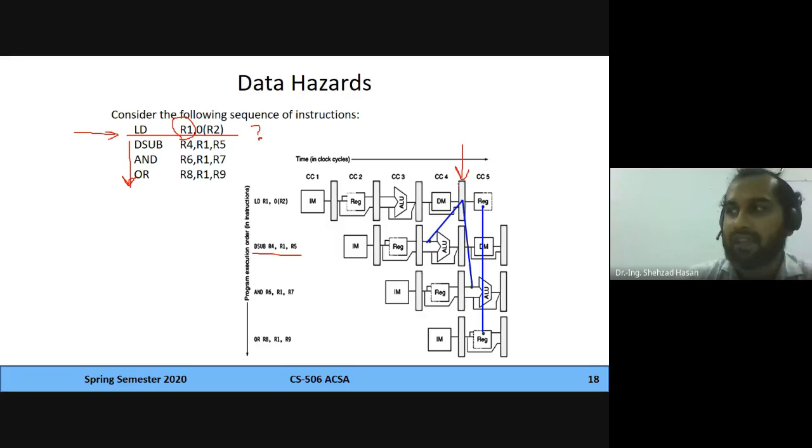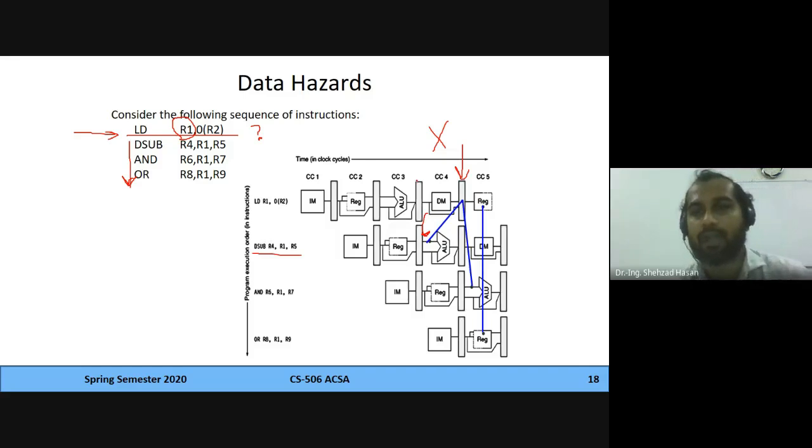Now the result is there at the end of the 4th cycle. We need that at the beginning of the 4th cycle. This means even with forwarding, you cannot do this, because there is no way to get this data before time, because that data is going to be available at the end of the 4th cycle, and we need it at the beginning of the 4th cycle. Not possible, right?